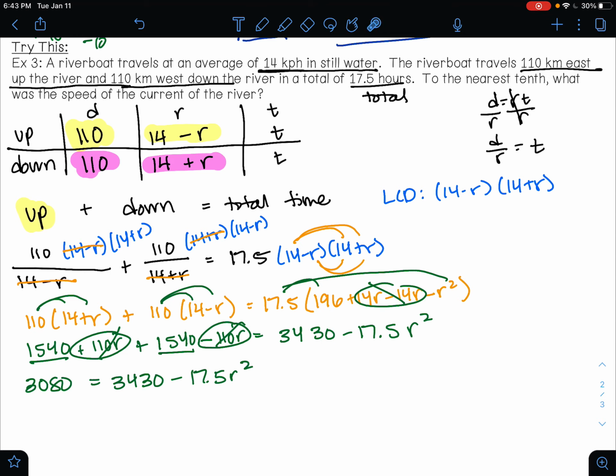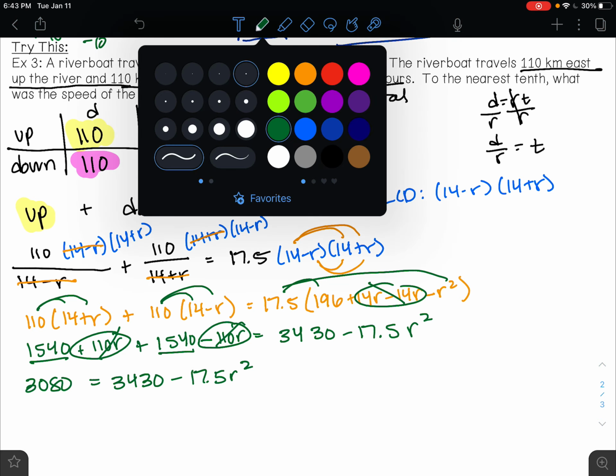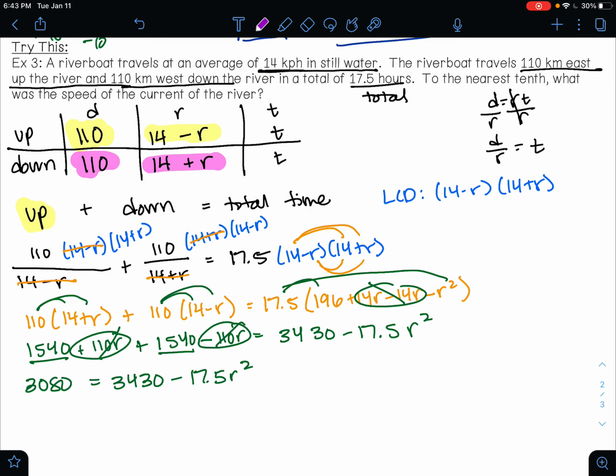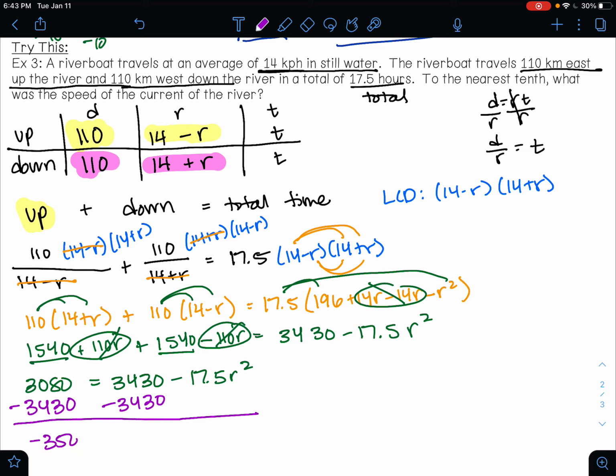I can solve this by taking square roots because I do not have a b term. And so I'm going to go ahead and do that. So I'm going to subtract 3,430. 3,080 minus 3,430 gives me negative 350 equals negative 17.5R squared.